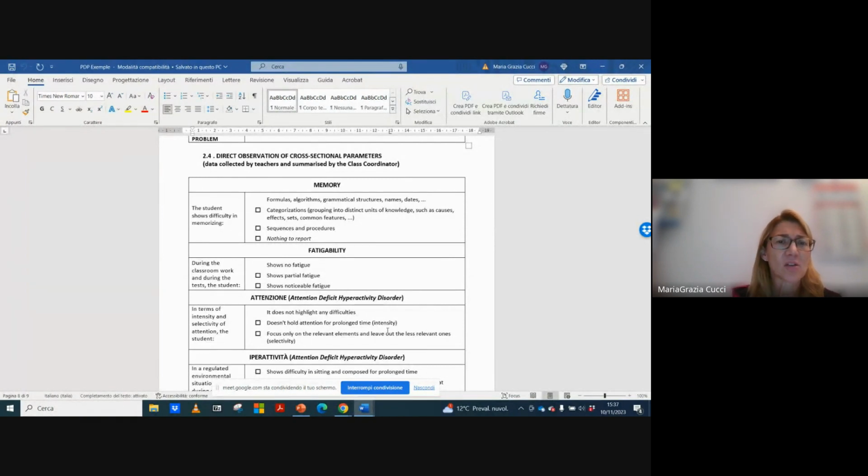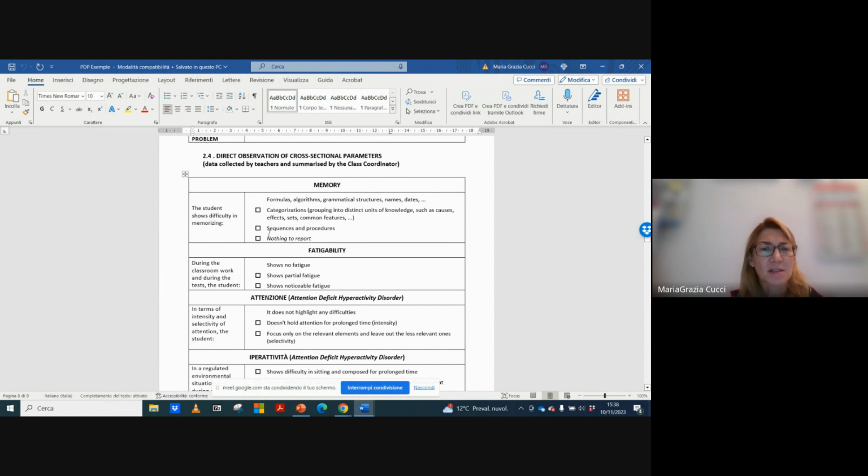You see data collected by teachers and summarized by the class coordinator. Every teacher has the task to complete this specific table for each student with special educational needs. The student shows difficulty in memorizing formulas, algorithms, grammatical structures, names, dates.